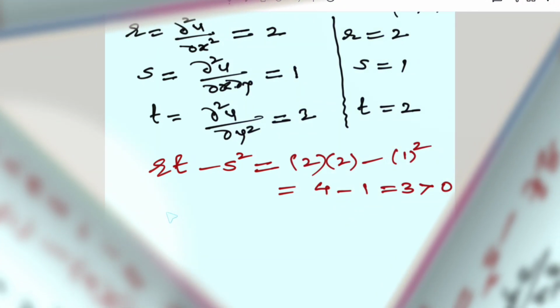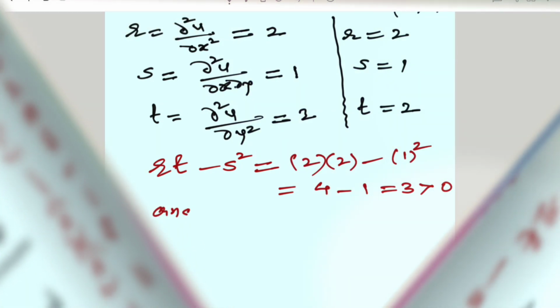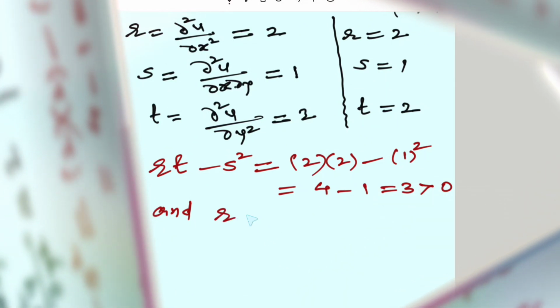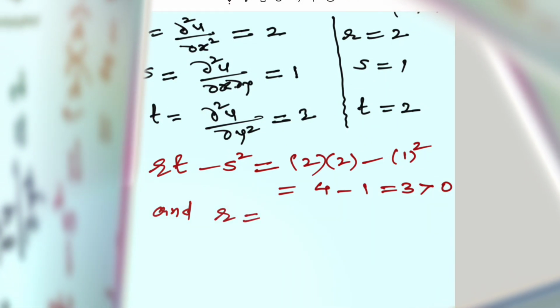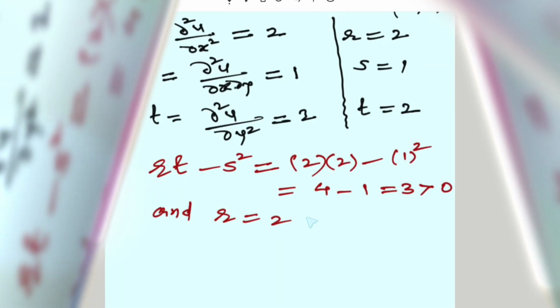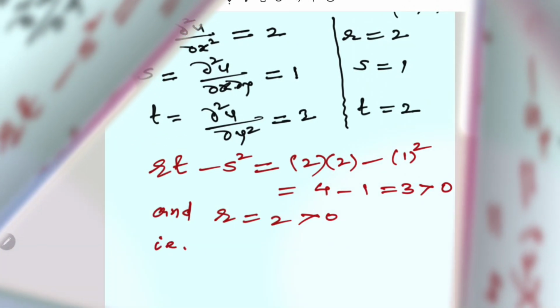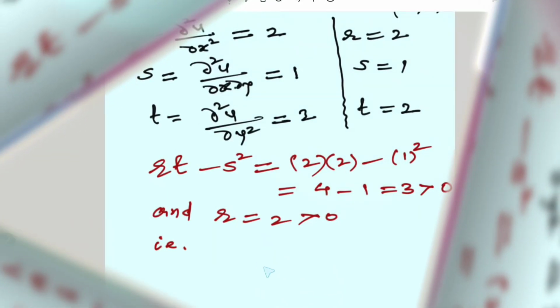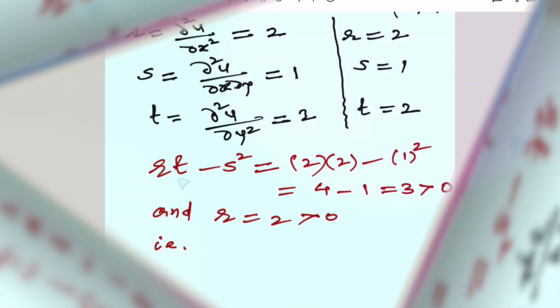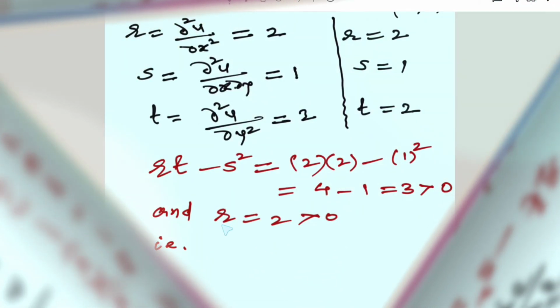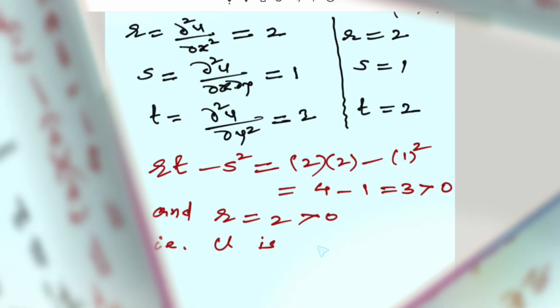And as it is greater than 0, we get either maxima or minima. To decide whether it is maximum or minimum, at that point we have to check the value of r. Here the value of r is 2, again greater than 0, and therefore as per the conditions, when rt − s² is greater than 0 and r is greater than 0, u is minimum.